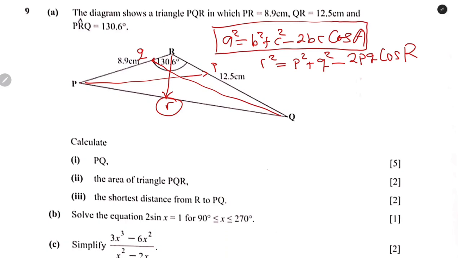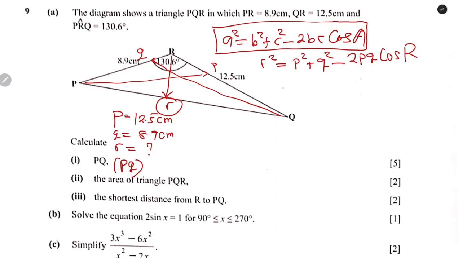Now let us fuse in what we have. Take note here, small p is equal to 12.5 centimeter, small q is equal to 8.9 centimeter, and r is the one that we are finding, which is the same as PQ.